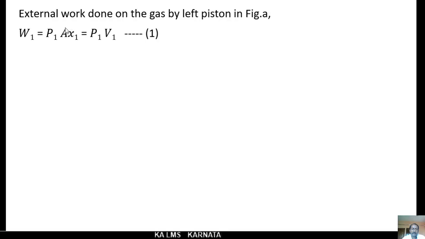Area into displacement is nothing but volume, hence P1 V1. This is the work done on the gas by the left side piston. Let it be equation 1.